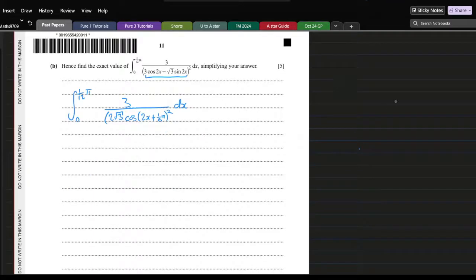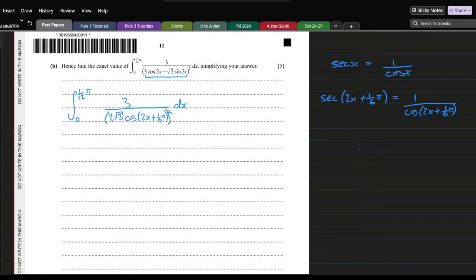Alright, so to simplify here, we are going to use the identity that we know that sec x can be written as 1 over cos x. So that must mean sec of 2x plus 1 over 6 pi must be equal to 1 over cos of 2x plus 1 over 6 pi.